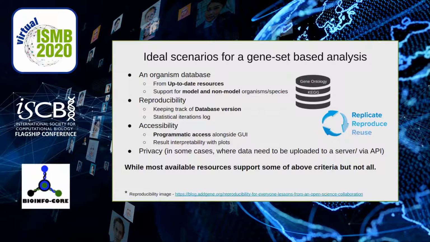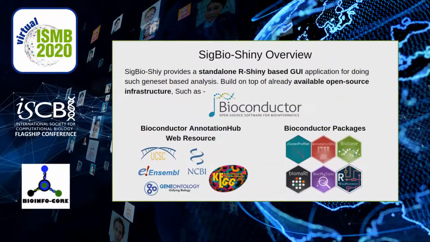And another thing is accessibility. It should have programmatic access so that it can be integrated with different kinds of workflows, and in some cases privacy, where the data needs to be uploaded to a server or via API. So while most available resources support some of the above criteria, they do not support all.